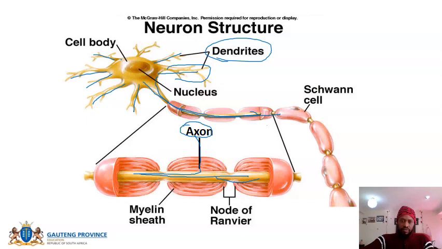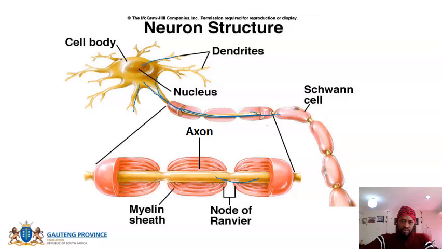Now, earlier, we were talking about the dendrites and the axon in the previous slide. We said that dendrites always carry impulses towards the cell body. That's what we're seeing here.